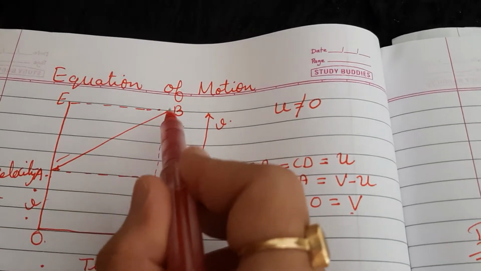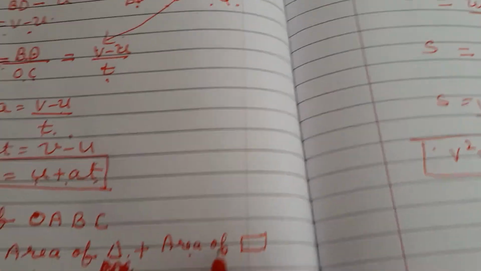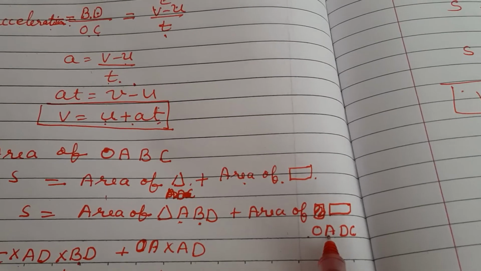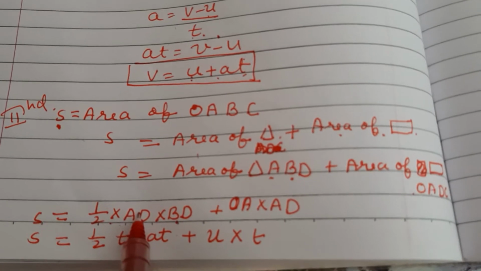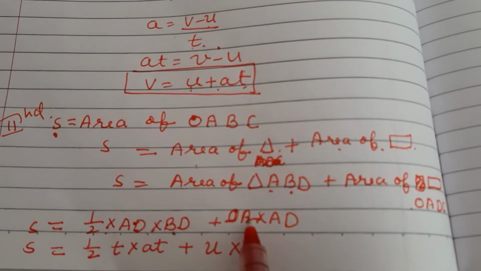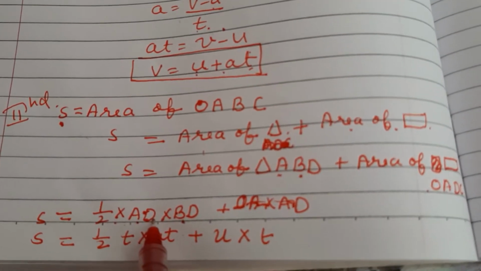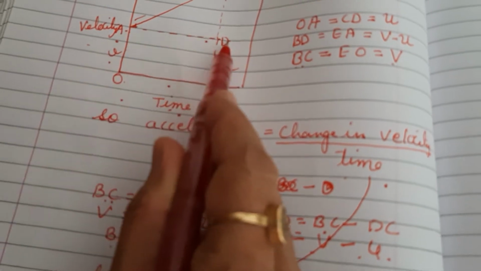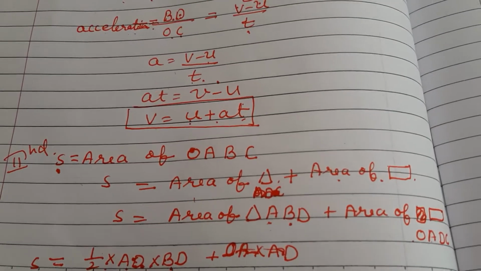You can see one triangle and one rectangle here. So the area of triangle ABD plus the area of rectangle OADC. The triangle area formula is half into length into height, plus length into breadth. So half into AD, and the value of AD is on the time axis, so its value is t.